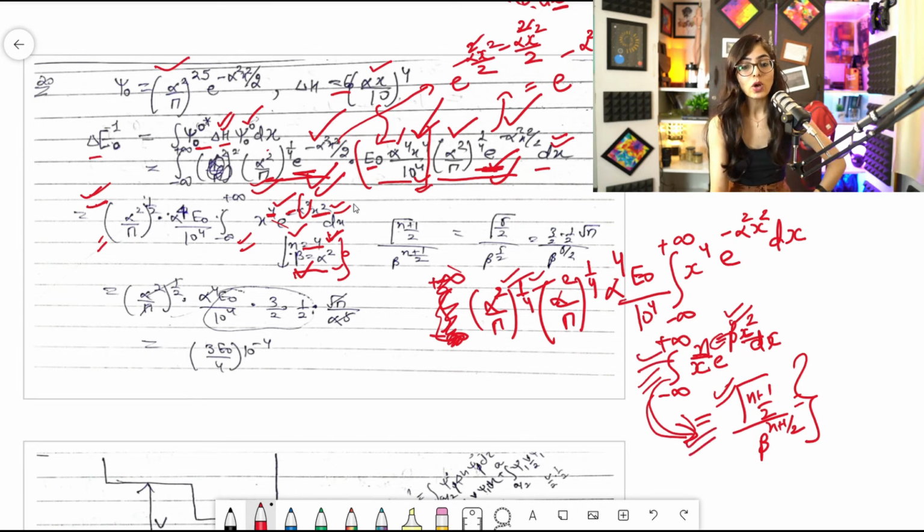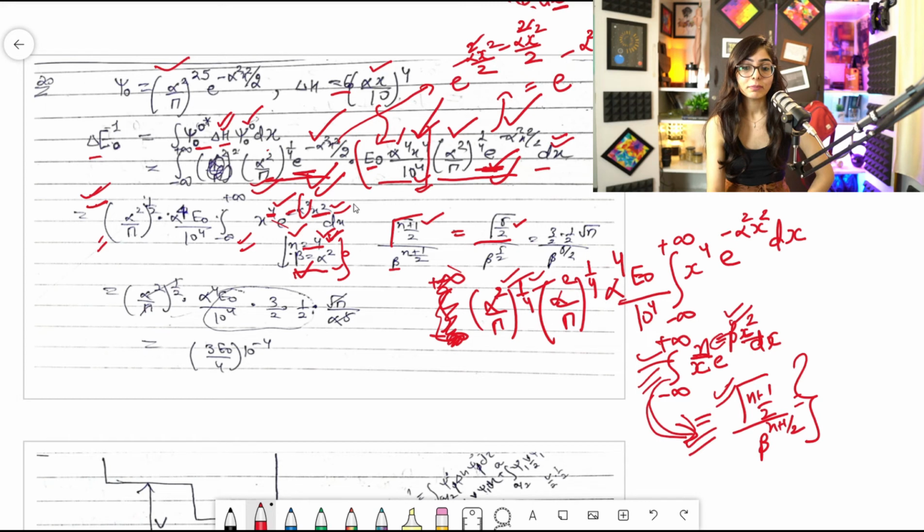I'll put gamma of (n plus 1) by 2, divided by beta raised to power (n plus 1) by 2. So what is n? n is 4 now. So 4 plus 1 by 2 would become 5 by 2, divided by beta. What is beta? Beta is alpha square.